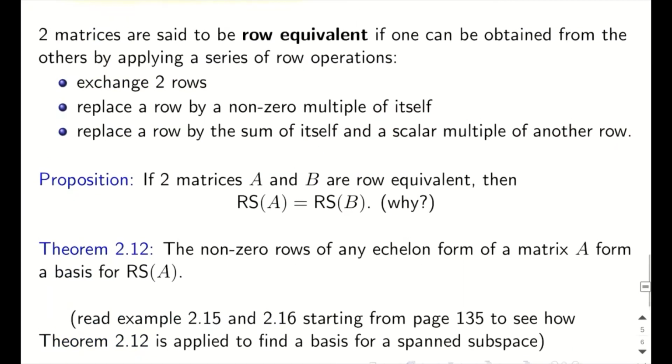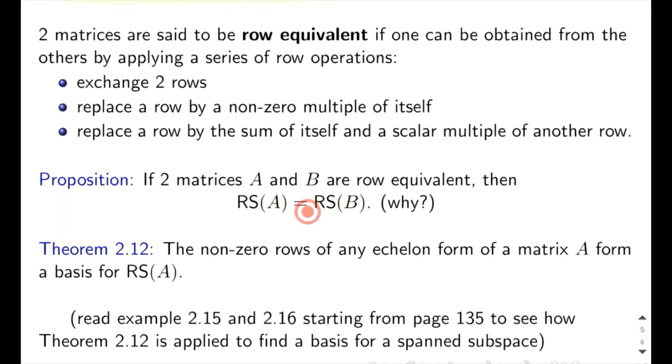Now, proposition: if two matrices are row equivalent, which means you can obtain B from A by a series of row operations, that means the rows of A and the rows of B can be very different. However, the row space, the space that is spanned by their rows, ends up being the same.